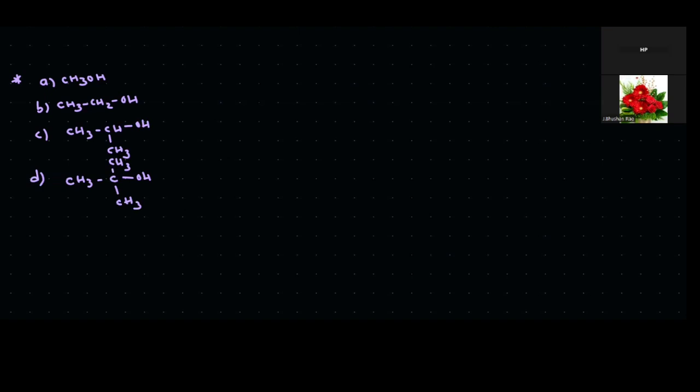In these four cases, which one is more reactive towards sodium metal? Which one do we have to identify?